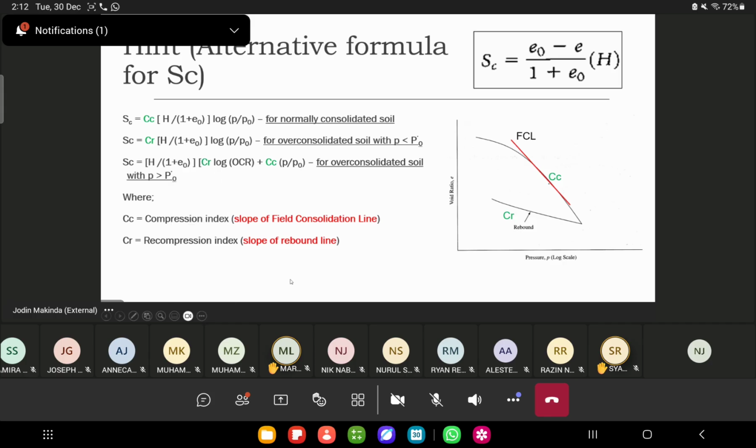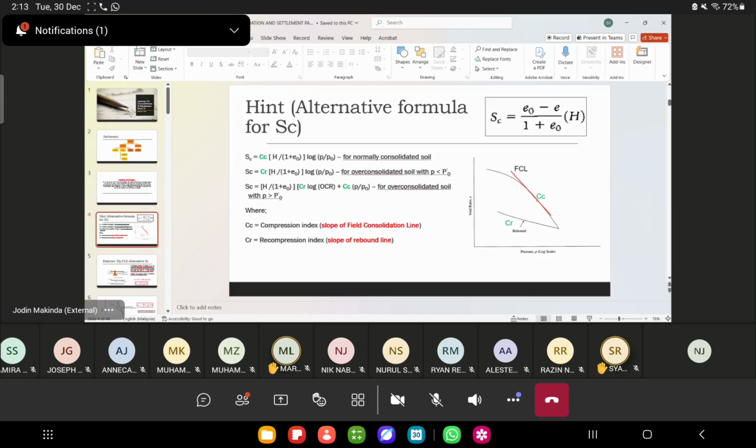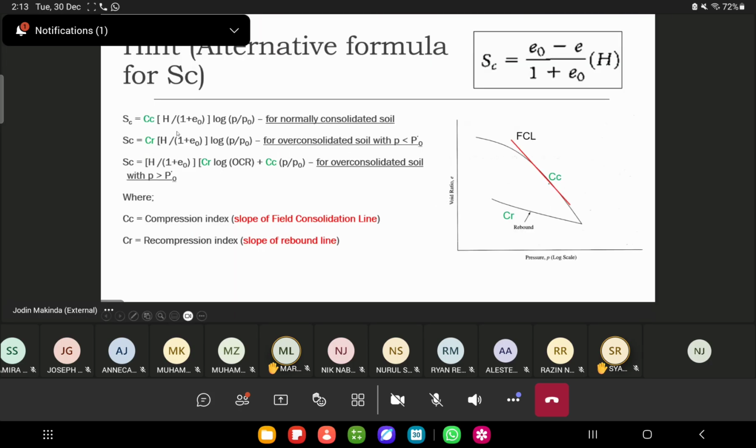What are the alternative equations? For normally consolidated soil, given here, SC is equivalent to CC, the thickness of the clay soil, divided by 1 plus e naught, multiplied by log of the current pressure over the previous effective overburden pressure, where CC in this case is the slope of the FCL.